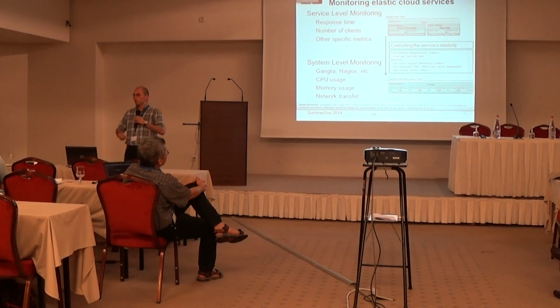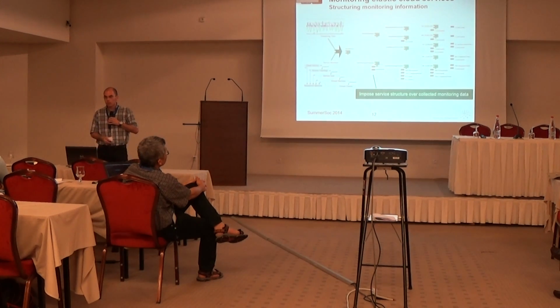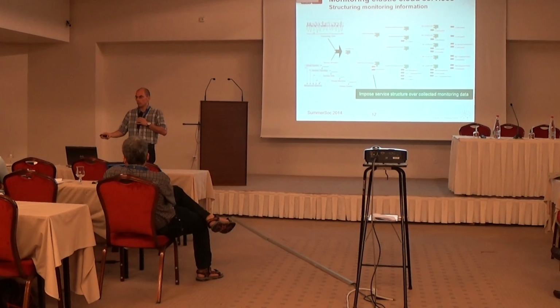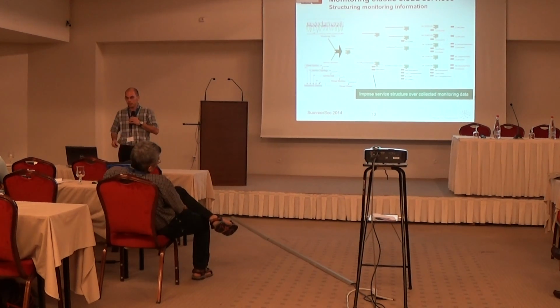Is the system underloaded or overloaded? How do I need to scale it up or down? So the idea was to impose a logical structuring over the monitoring data that you can collect from the virtual machine level, the system level, and the application level, and aggregate the data, connect that data with respect to the service structure that you are controlling and analyzing.